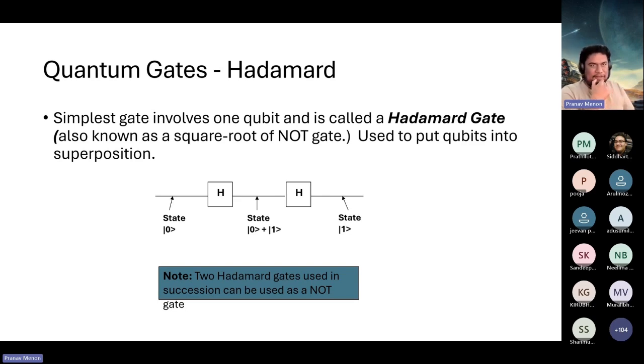Like I said, a zero going through two Hadamard gates will become a one. It's like a NOT gate that we are used to. But it's not that simple, because here it's at the photon level, or again it can also be an electron. It's at that level where it is reoriented, changed, and refocused.